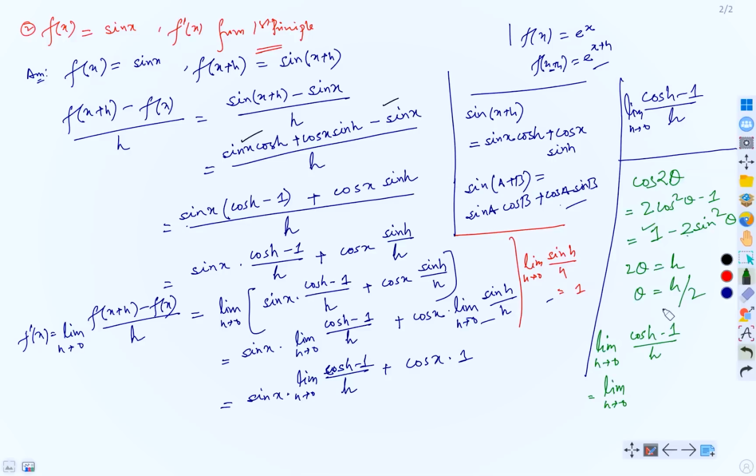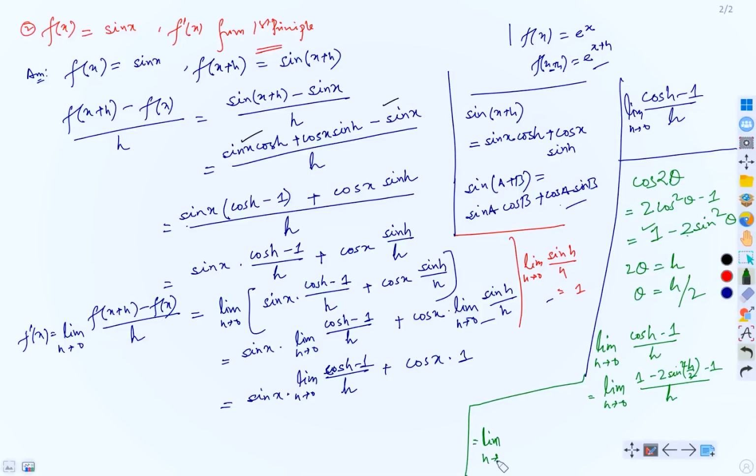So we have theta equals h by 2, therefore it will be 1 minus 2 sine square h by 2, yes, minus 1 upon h, correct? Yes, because our 2 theta equals h, therefore theta will be h by 2. This is h, therefore this would be h by 2, yes? Nothing so difficult to understand here, right? It's easy.